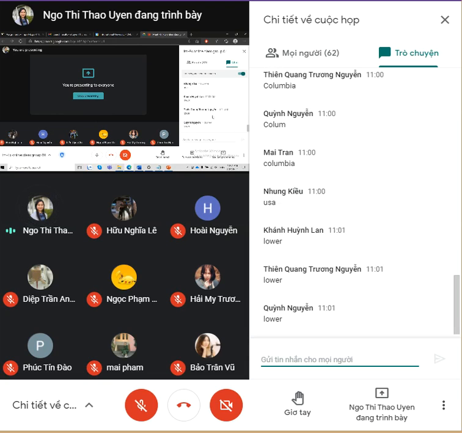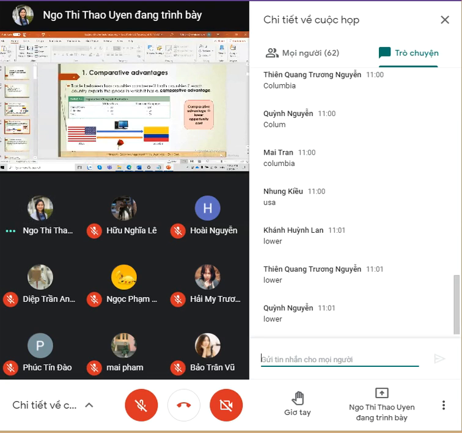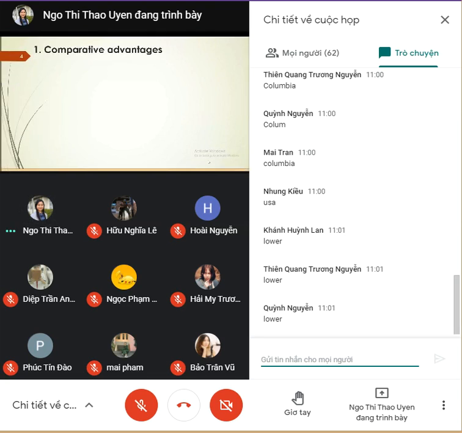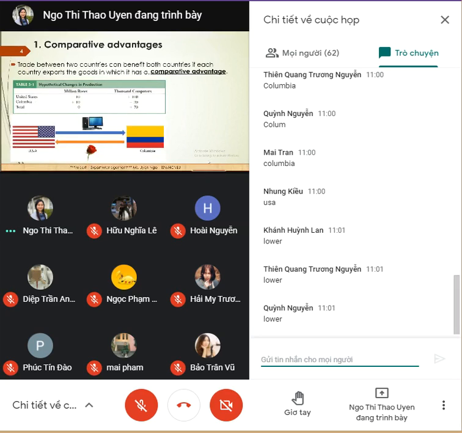Lower, true. When it has lower opportunity cost, it means that that country has to trade off less resource to produce that product. Lower opportunity cost.